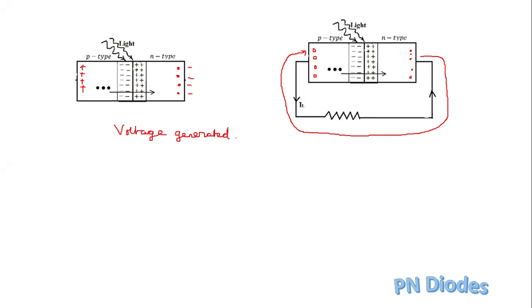When this happens, you'll be losing some charges, which means the voltage drops. So the characteristic curve will look like this. Here it is open circuit, so the voltage is maximum and current is 0. So that is this situation.